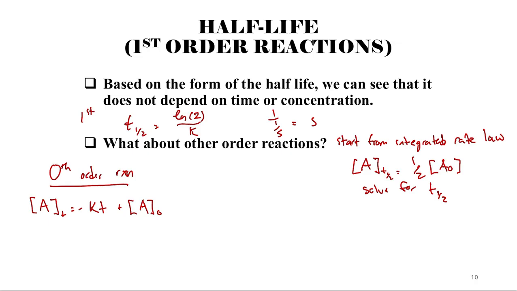Right, so that was our zeroth order reaction. So why don't you guys take a second and see if you can figure out what the half-life for a zeroth order reaction looks like? And then think about, does it depend on concentration or time at all? As t 1/2 is equal to something that depends on either the rate constant and maybe the initial concentration.